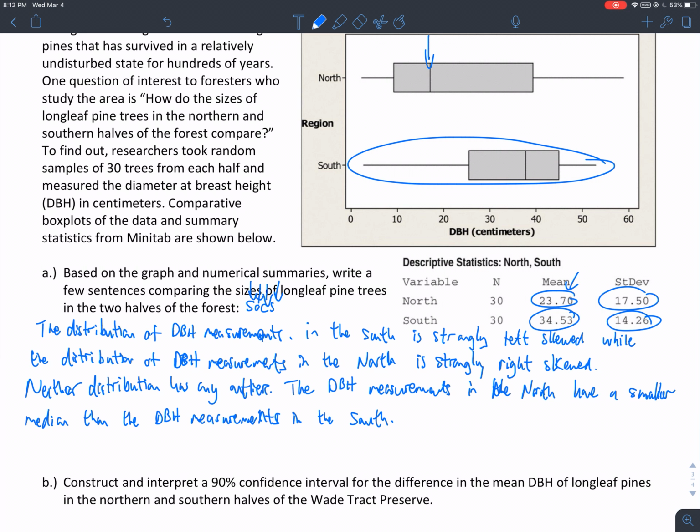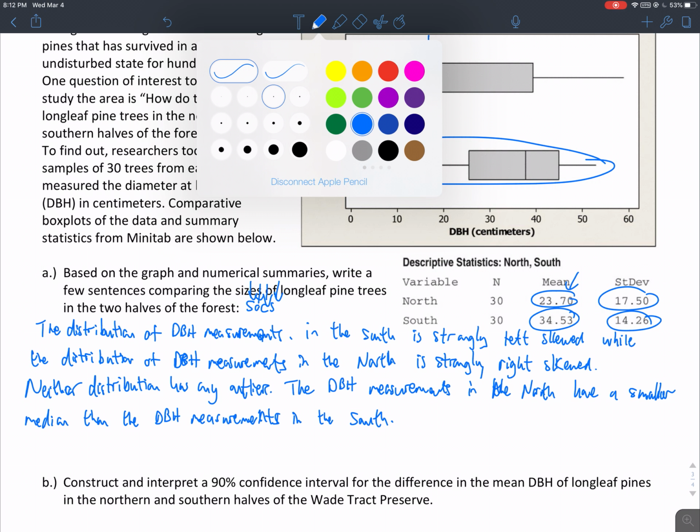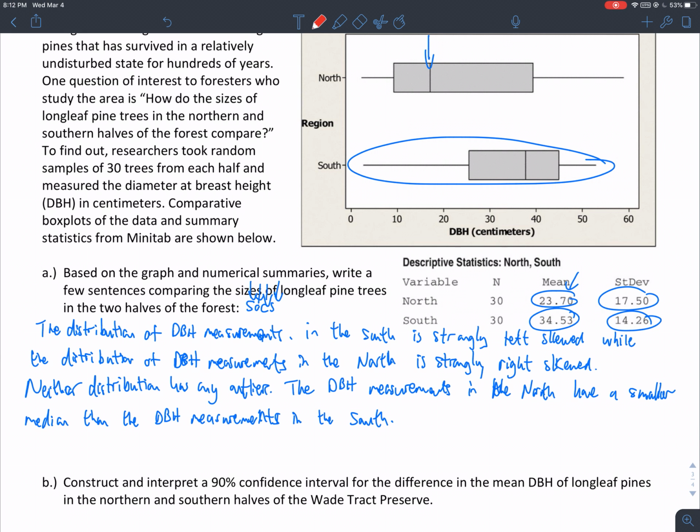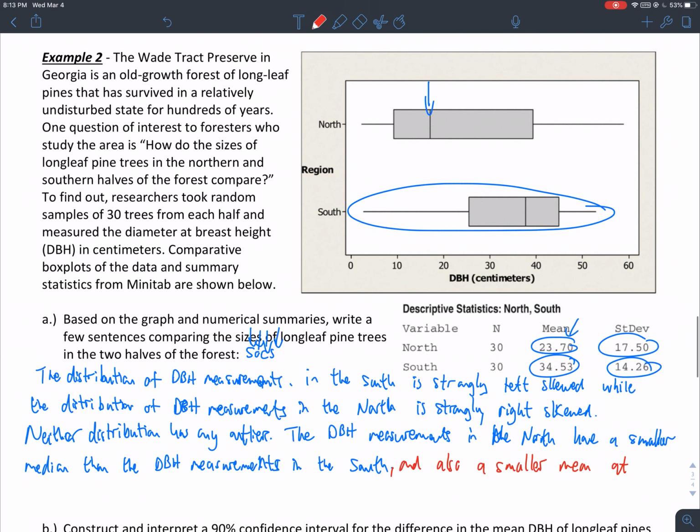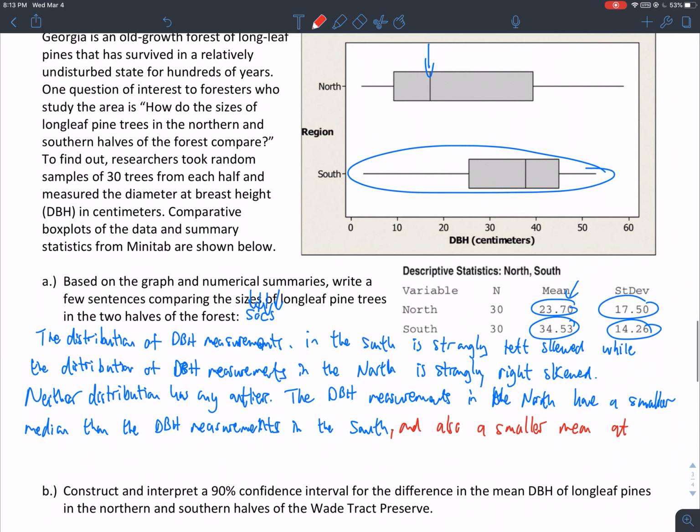Okay, and you can include the numbers. You probably should include the numbers. Let's say in the north, smaller median than the south, and also a smaller mean at, let's do, what would the median be about? Maybe about, I don't know, 16 or something. So at mean of 23.7 and maybe about 16.